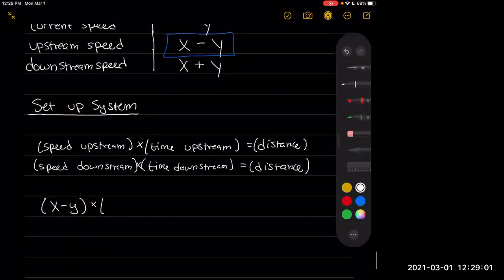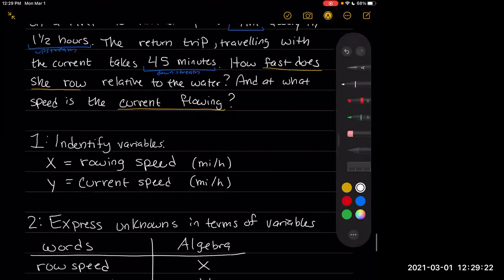So that's going to be represented by 3 halves, and this equals 4. And then for our second equation, our time downstream is this, our x plus y, and then 45 minutes, that's 3/4 of an hour.